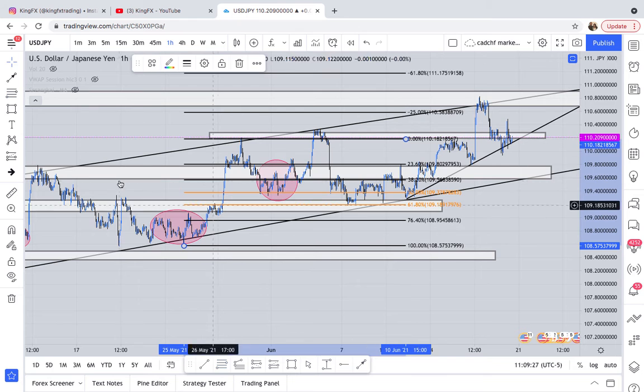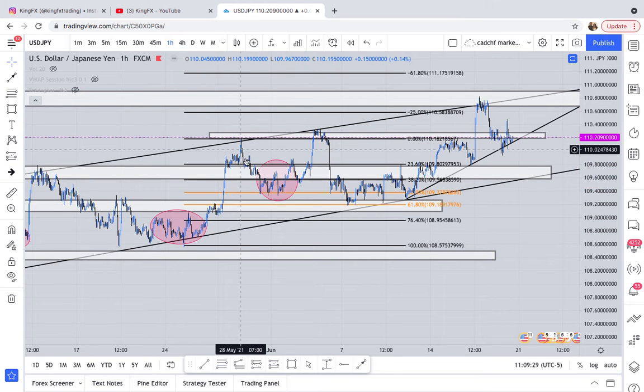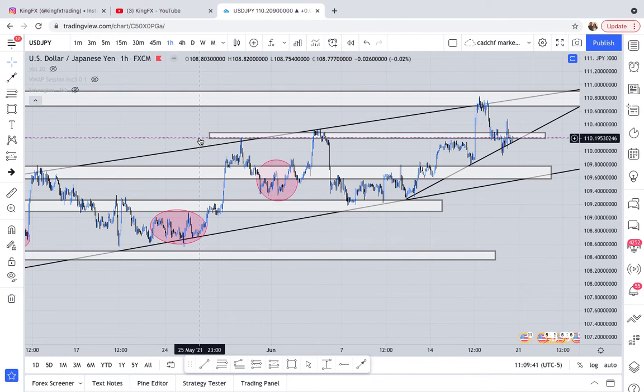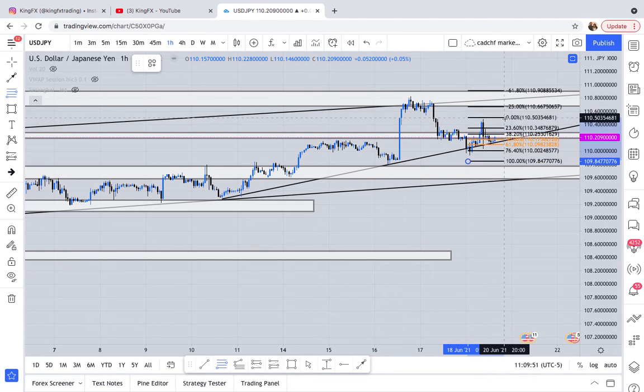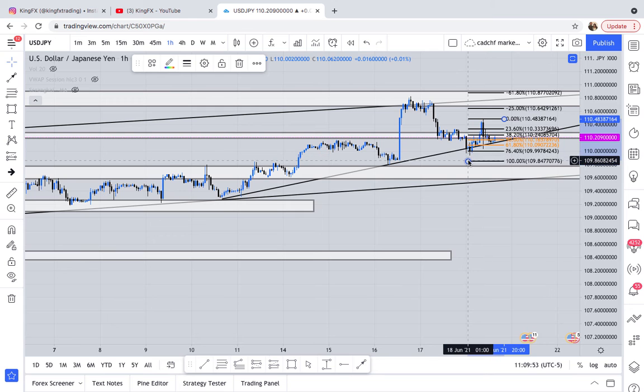So you can see that price pulls into the golden zone and rejects off of it in this consolidation period. You could have bought in right there, rode it up to the top. You could run your fib from up here.